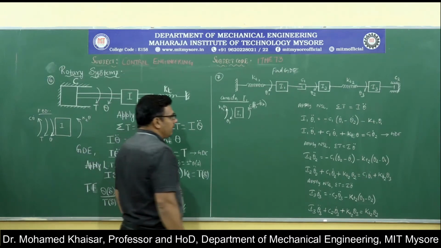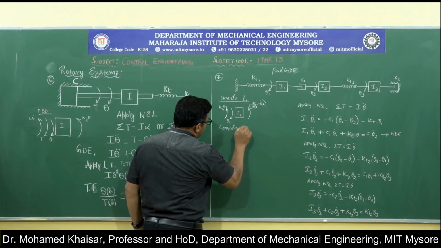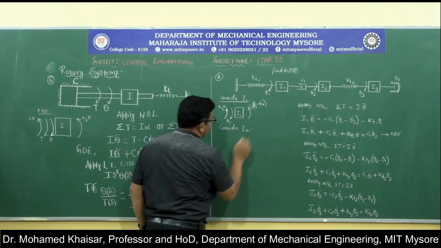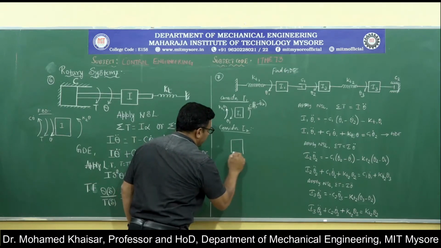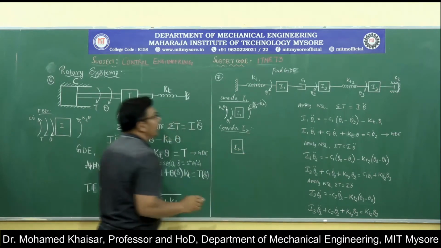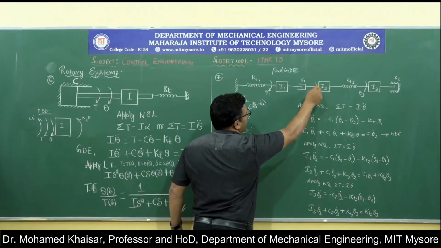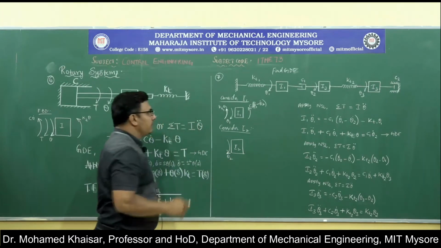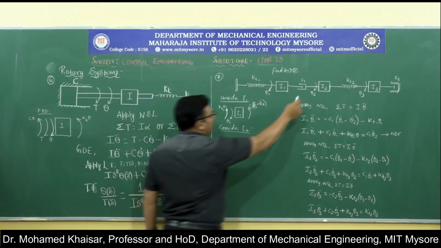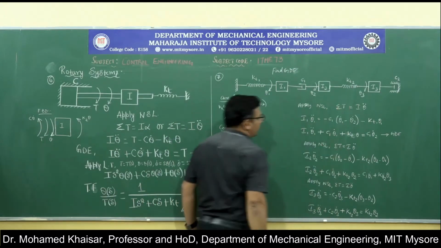Now, similarly, consider I2. When we consider I2, see, I2 is trying to rotate by an angle theta 2 in this direction. This is resisted by what? It is connected with C1, and it is connected with Kt2 also.